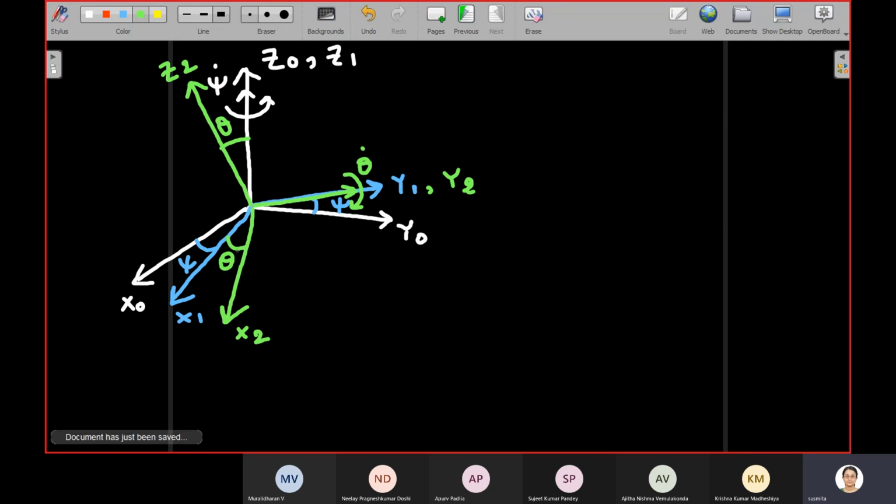The third rotation should be about the x-axis. Rotation rate is phi dot. The x-axis will not change. Y and Z will change.